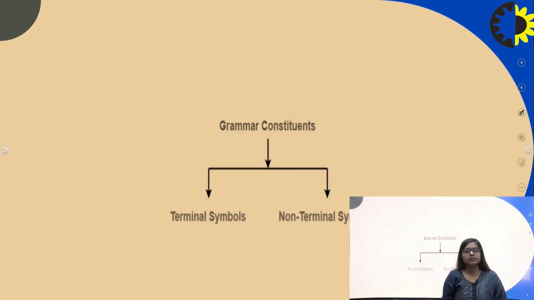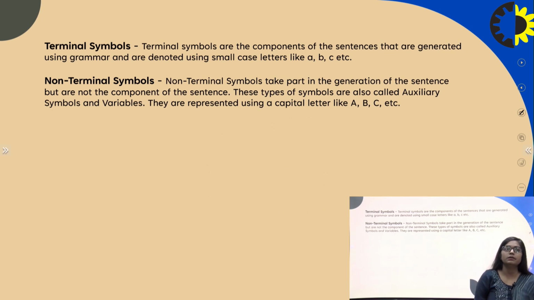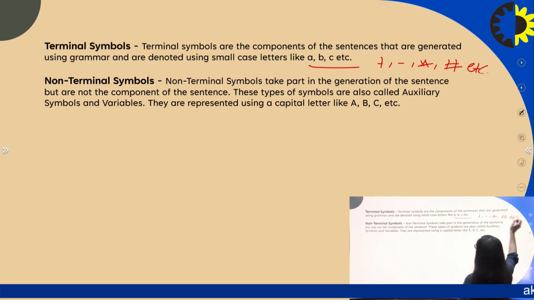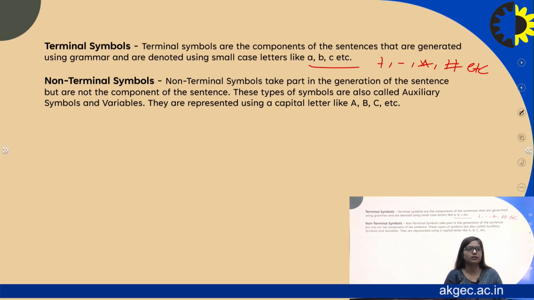Grammar consists of two types of symbols: terminal symbols and non-terminal symbols. Terminal symbols are components of the sentence that are generated using grammar, and are denoted using small case letters like a, b, c, and other symbols like plus, minus, into, etc. Second are non-terminal symbols.